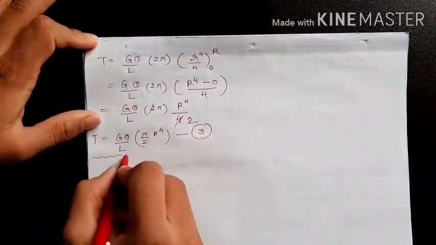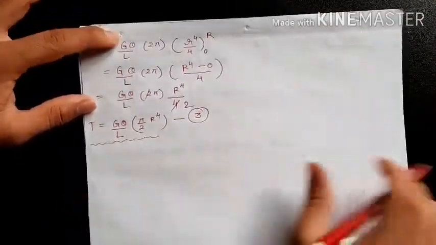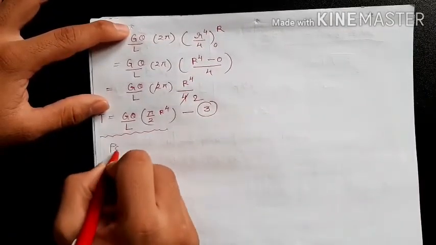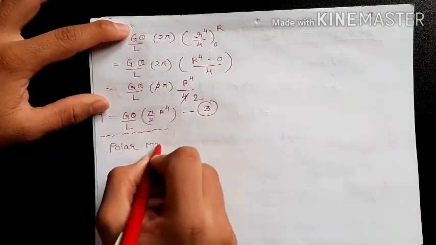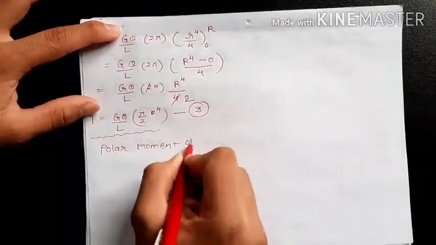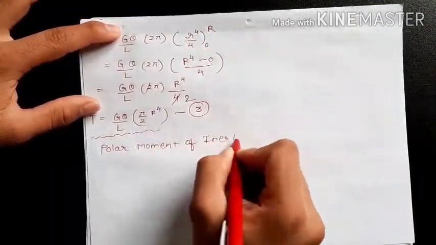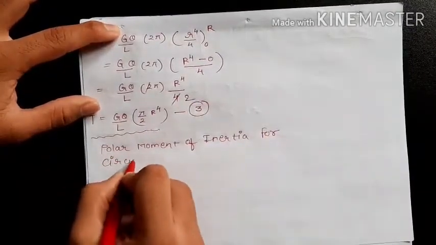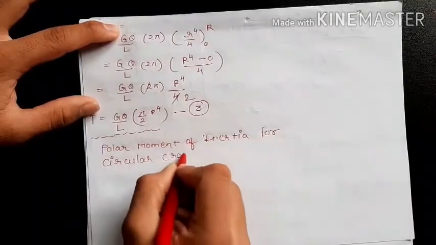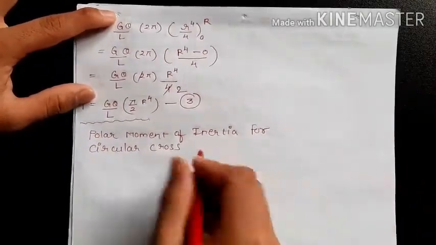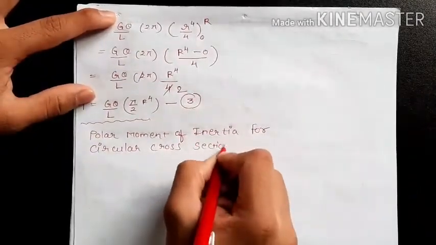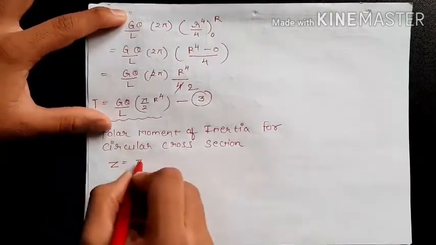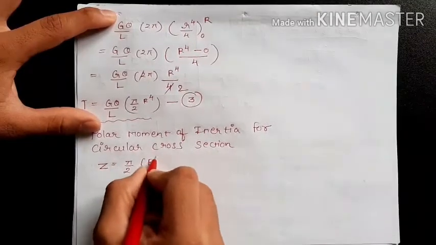Okay. Now we will see the concept of polar moment of inertia. What is polar moment of inertia for a circular cross section? It is given by J equals pi by 2 into R raised to 4.